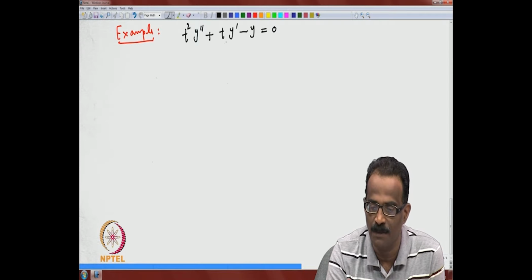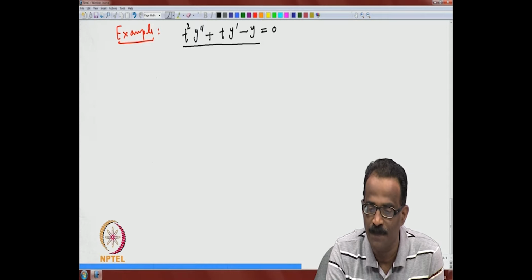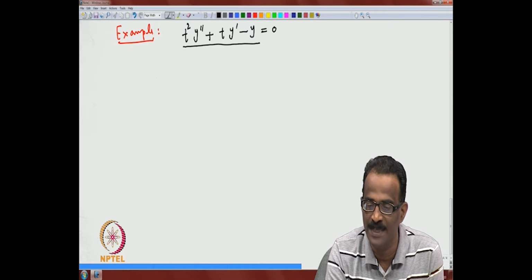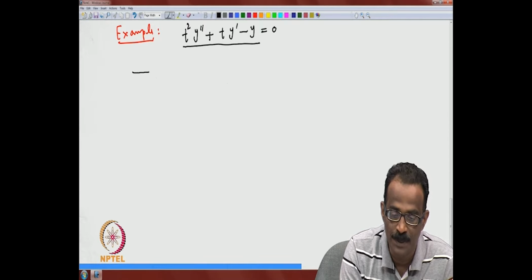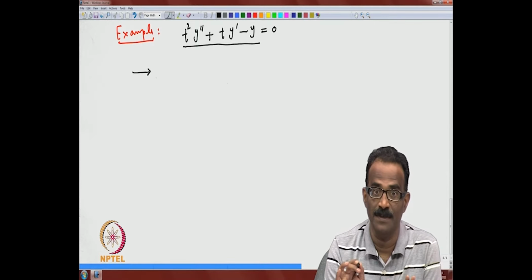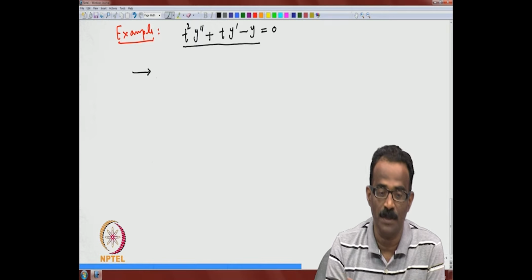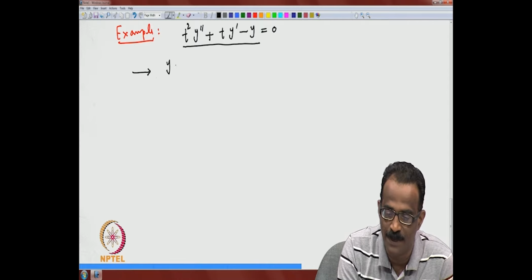For example, looking at this equation properly, if I choose y equal to t, y prime will be 1 and this term will vanish, and since y equal to t, this will vanish too. If that is easy, we have nothing more to do here. So y of t equal to t is a solution.